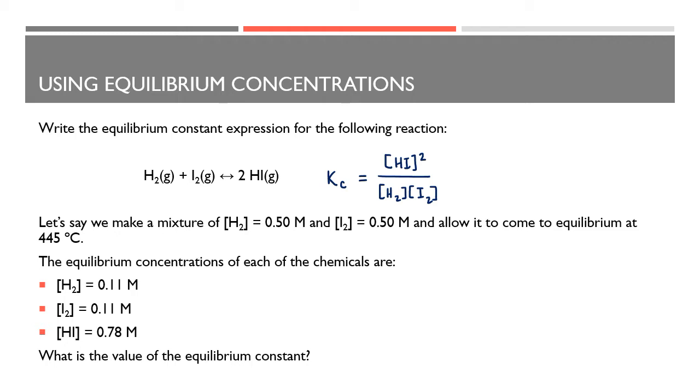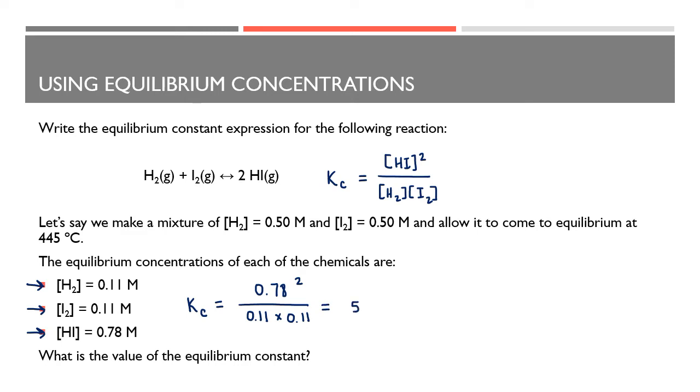Well, what we can do is we have this initial mixture of H2 and I2. Now, notice we don't have any products. When we allow it to come to equilibrium, we still have some reactants left over and a lot of products. So if we substitute these values into our equilibrium constant expression, then basically all we have to do is a little bit of math, and we can find the equilibrium constant for this reaction at 445 degrees Celsius.